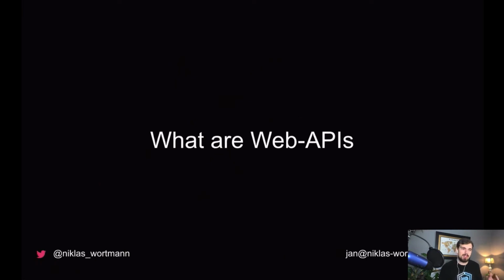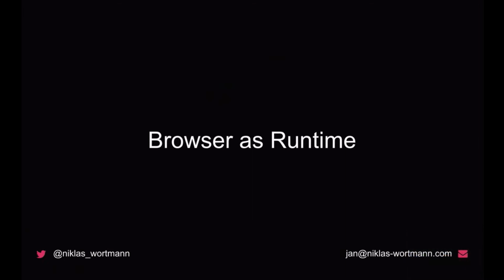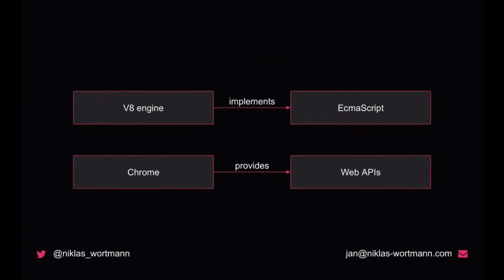Before we dive deeper into RxJS Web and reactive programming, let's quickly recap what web APIs actually are. If we consider our browser as a runtime, as long as we are developing web applications, we end up with a picture kind of like that. We have the V8 engine that is implemented by most current browsers like Chrome, the new Edge and stuff like that.